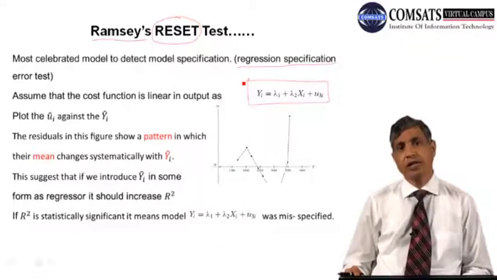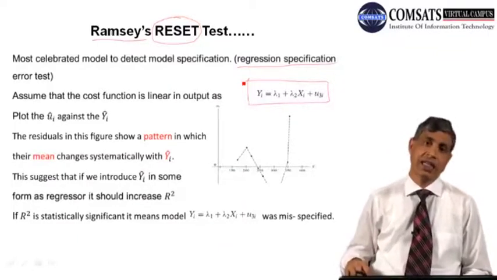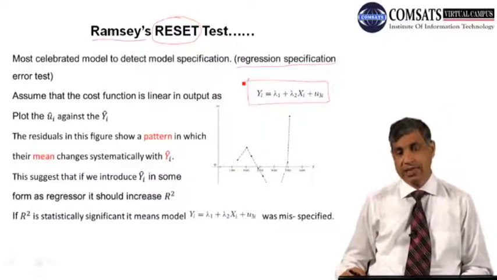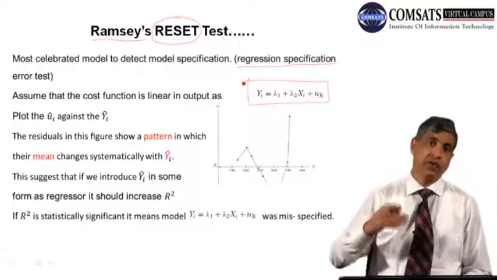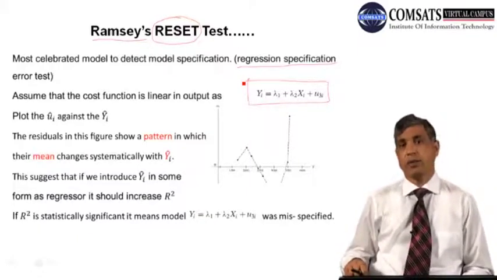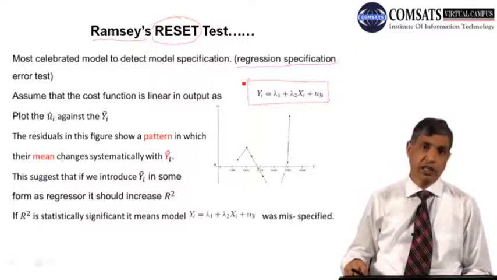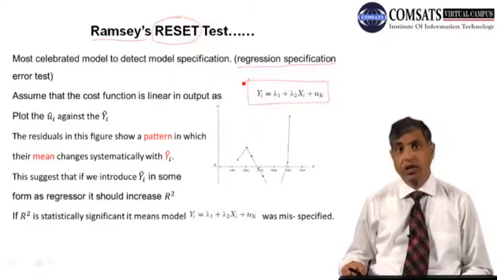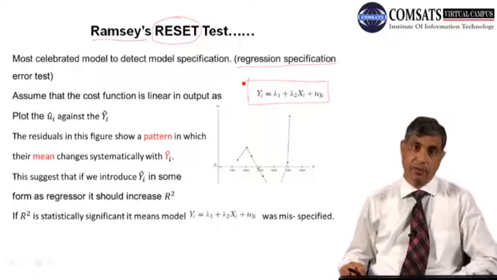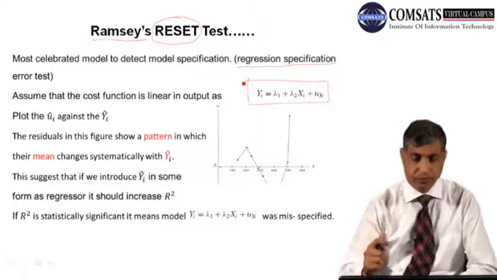If you knew the true model, what would be the need of detection and remedial measures? So we suppose this is our true model, and then we apply a postmortem. If it passes all the tests, we say the model is correctly specified. Otherwise, we say there is some problem or misspecification.